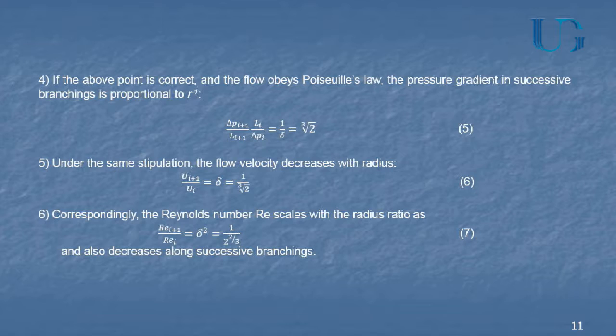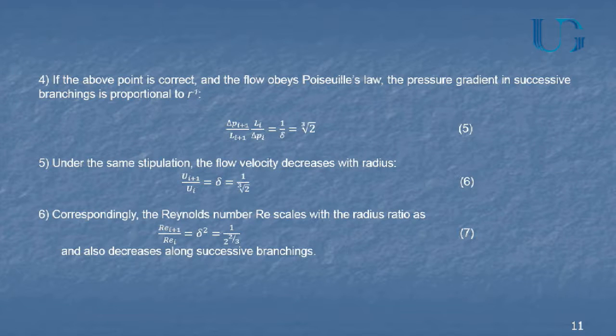It also says that under the same stipulation, the velocity decreases by 1 over the cubic root of 2, which is 0.7937, something like that. So the velocity decreases about 20% in each bifurcation, which also seems verified by experiments.